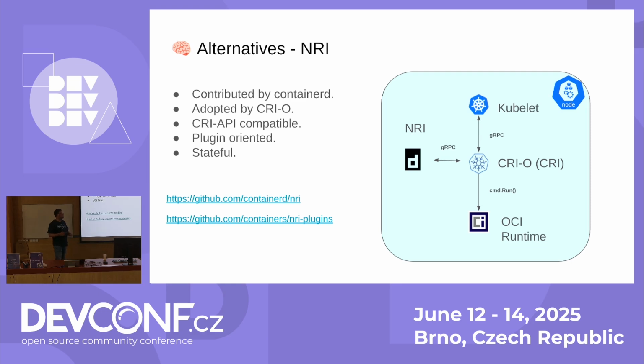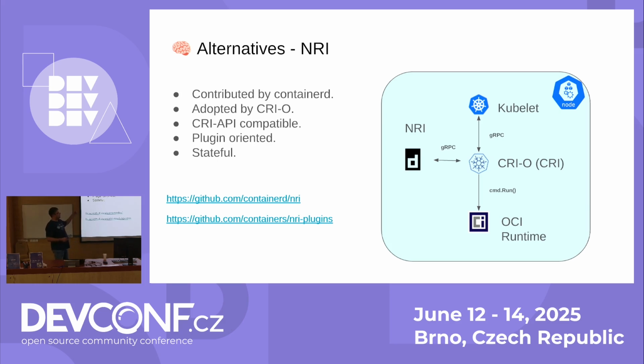So the alternative I brought you here, and one alternative that I know of, is NRI, which stands for Node Resource Interface. Simply speaking, it's just OCI hooks, but on the container engine level. And why is this better?